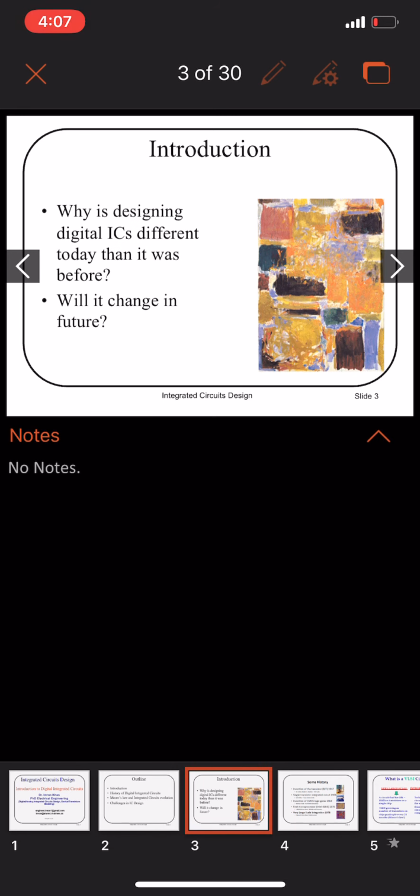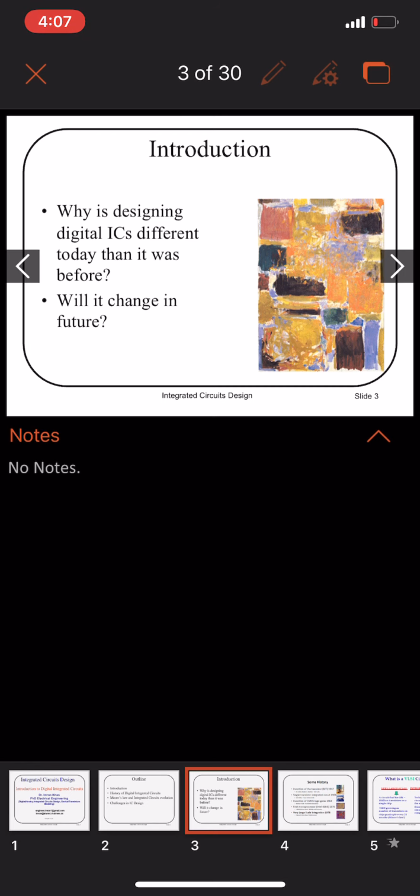Introduction. Before starting our lecture, I have two questions for you. Why is designing digital ICs different today than it was before? And the second question is, will it change in future? The answer to the first question is that you want to integrate more and more transistors inside small silicon areas, because you want your chip to be more powerful compared to the previous chip.